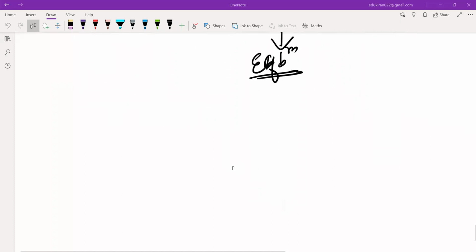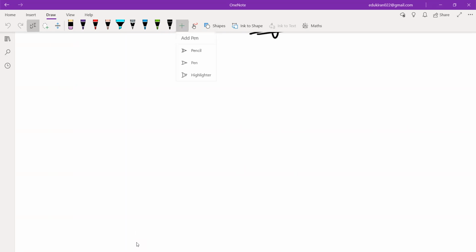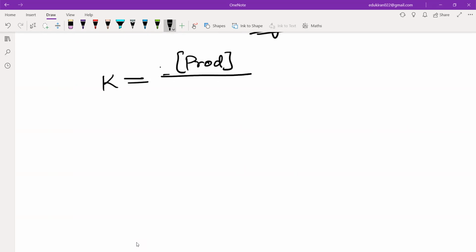If we had an instrument with very small uncertainty, then our values would also look good. Fine. So where did I start? So we had K, equal to the concentration of products raised to their stoichiometric coefficients divided by the concentration of reactants raised to their stoichiometric coefficients.